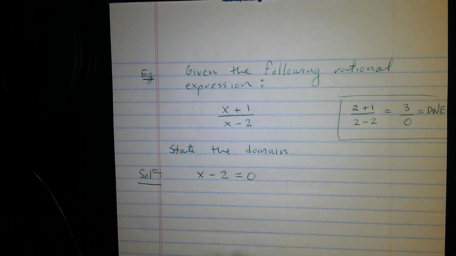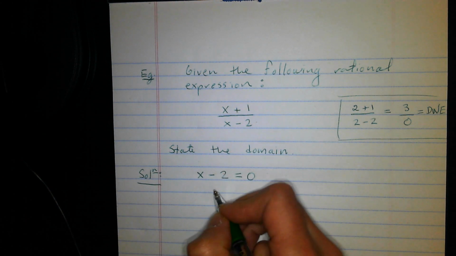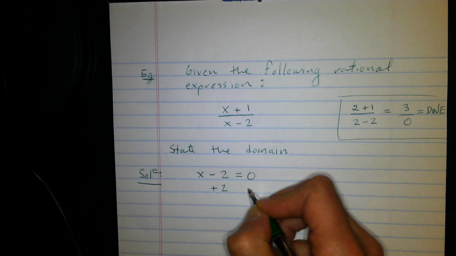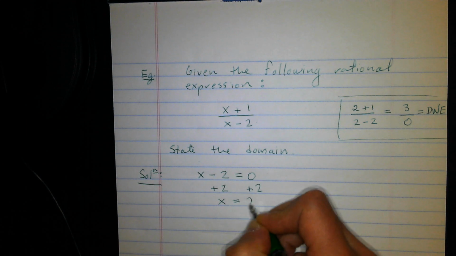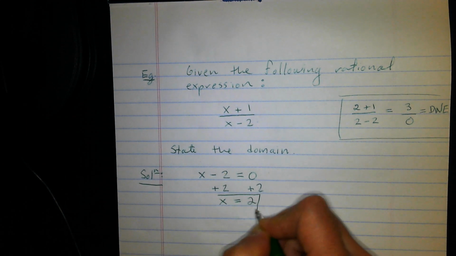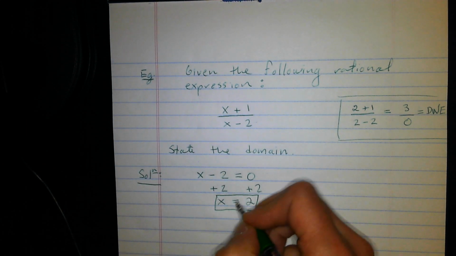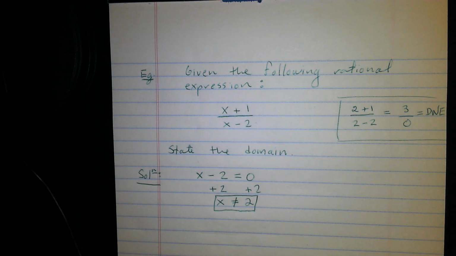It's a linear equation, and with linear equations we just isolate x. So in this case we just add 2 to the right hand side, which gives us x equals 2. Or in this case we should say x cannot equal 2, because that will make the denominator 0.